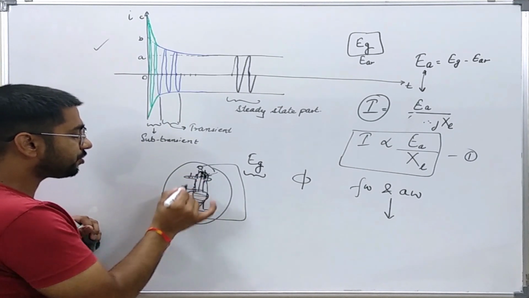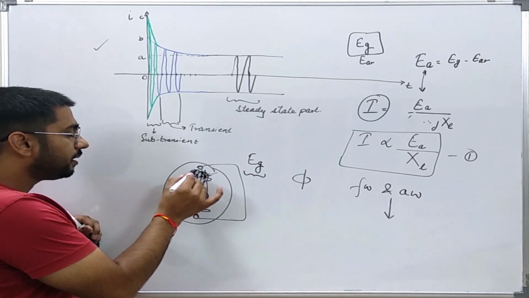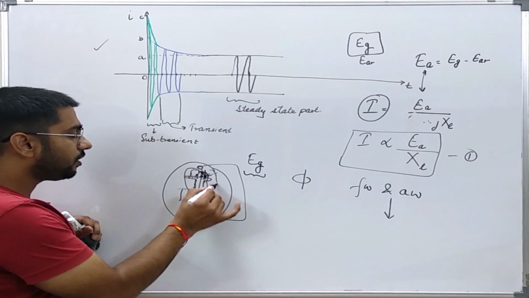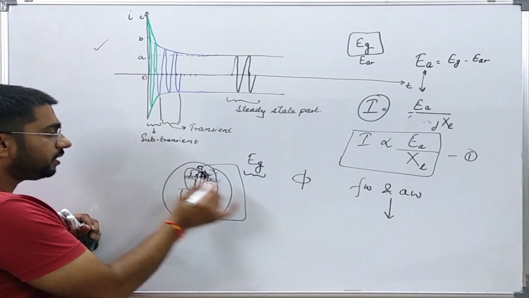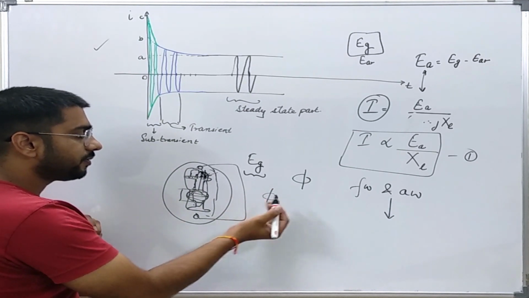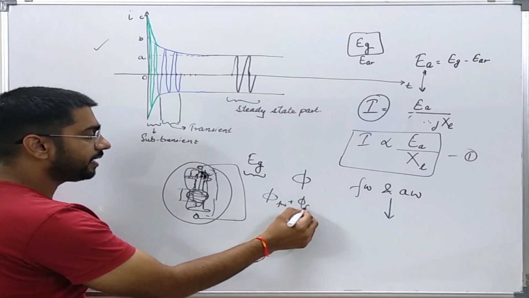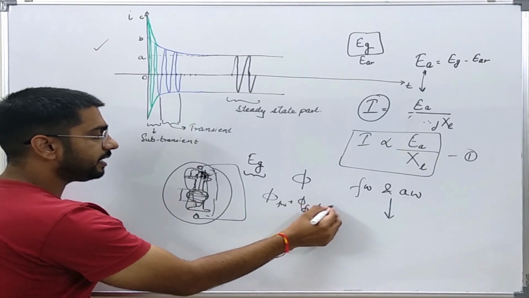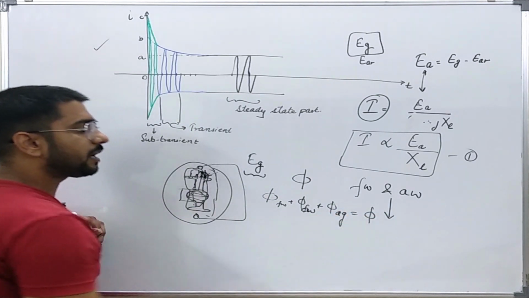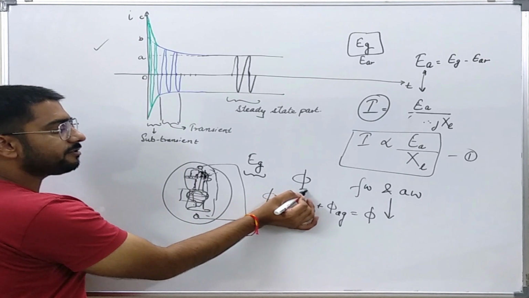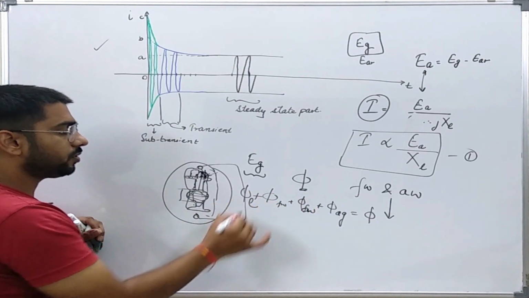So there might be saturation also in the core. Further, leakage will also increase. So what will happen? The total value of flux from the field winding, the damper winding, and the air gap flux will be constant and will be equal to the initial value of the air gap flux, and this includes phi leakage also.